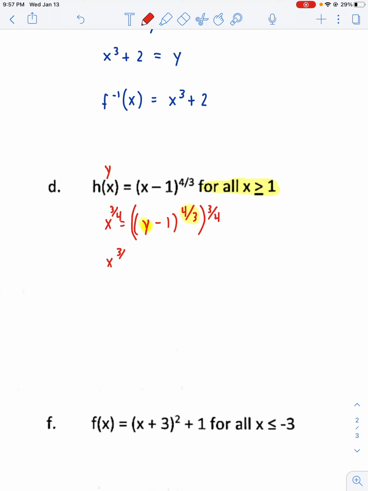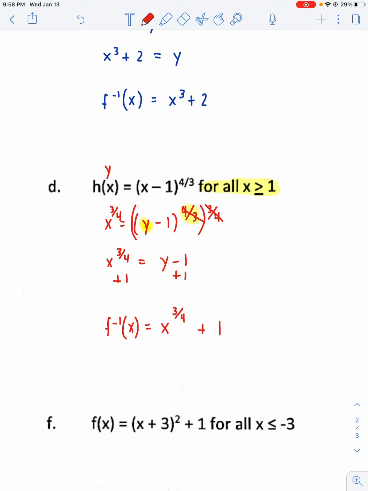So x to the 3/4 power equals y minus 1, because these simply cancel out. The last thing we're going to do is add that 1 over here. So sure enough, y, or what we call f inverse of x, because this is the inverse, will equal x to the 3/4 plus 1.